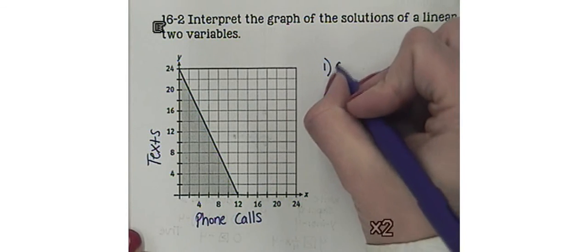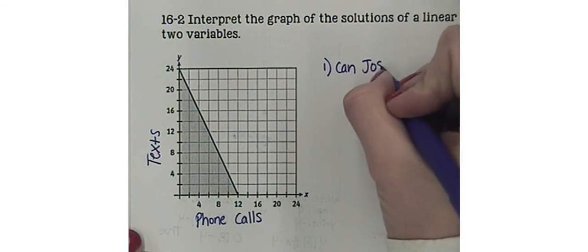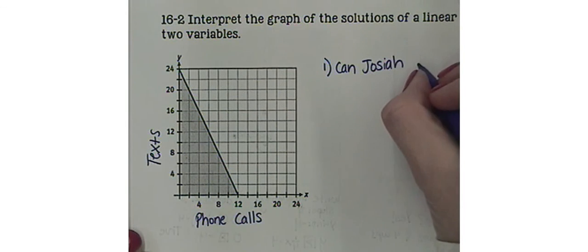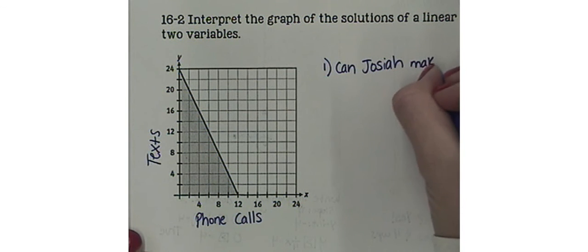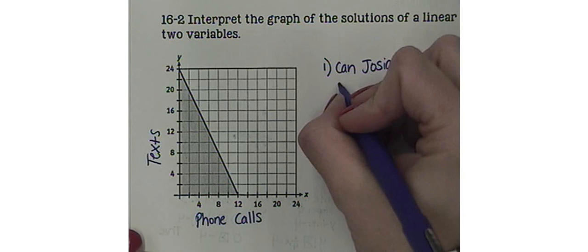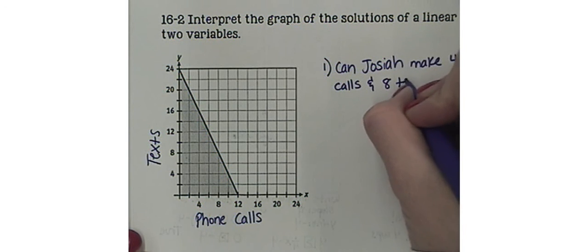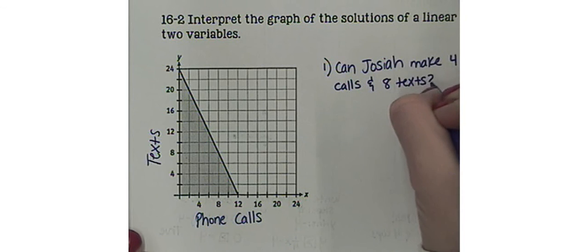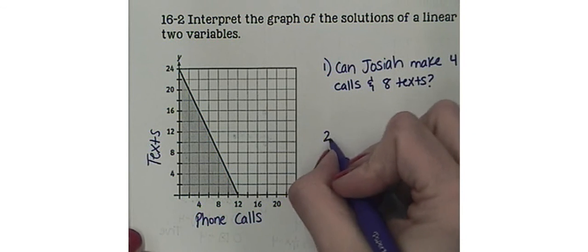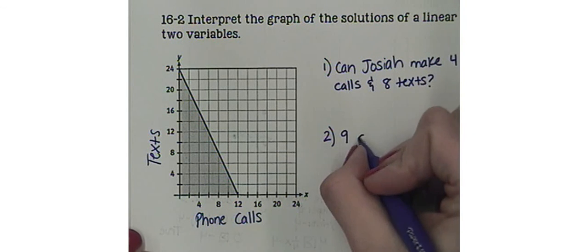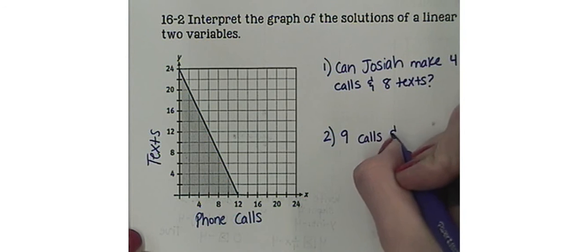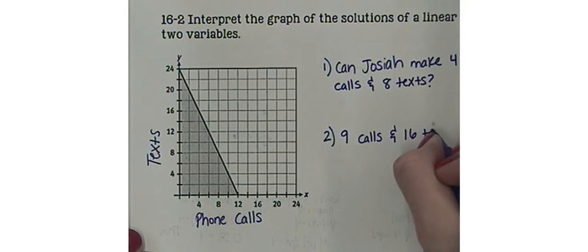So can Josiah make 4 calls and send 8 text messages? And then what about 9 phone calls and 16 text messages?